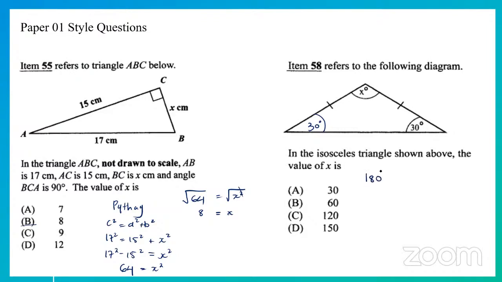All of the angles in a triangle sum up to 180 degrees, and subtract our 30-degree angles there. So I'm just going to put 2 times 30. We have two 30-degree angles there, and then we would find the result from that. So 2 times 30 is going to give us 60. 180 degrees minus 60 degrees is 120 degrees. That is option C.